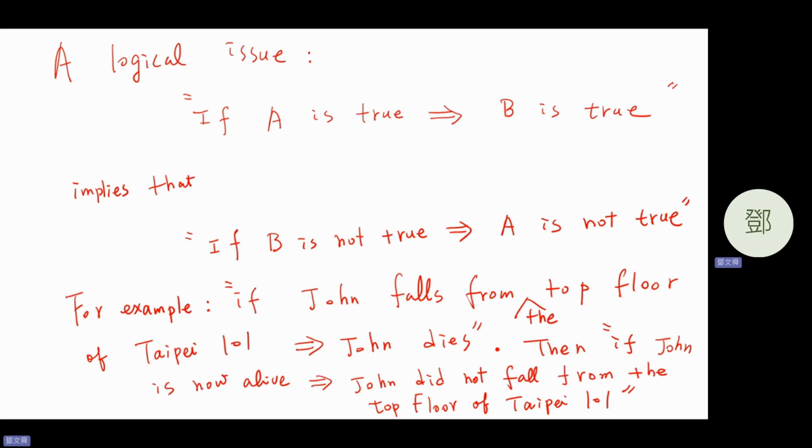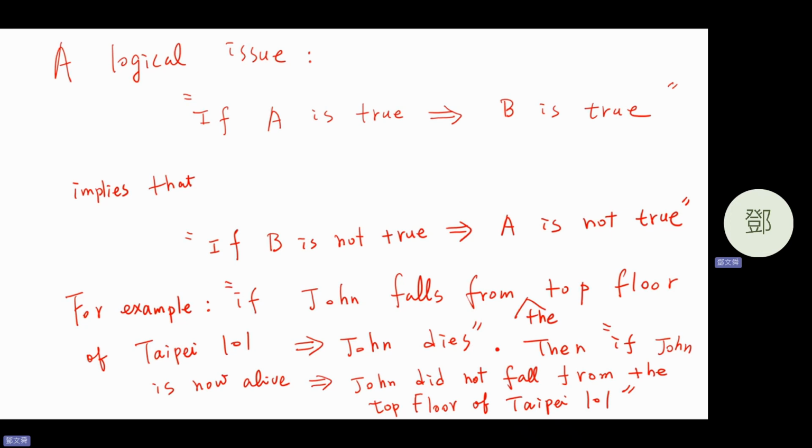No, because you said if he falls from the top floor, then he will die, definitely, absolutely. And if John is now alive, then he did not fall from the top floor of 101. So A implies B, and not B implies not A. That's the logic, right?